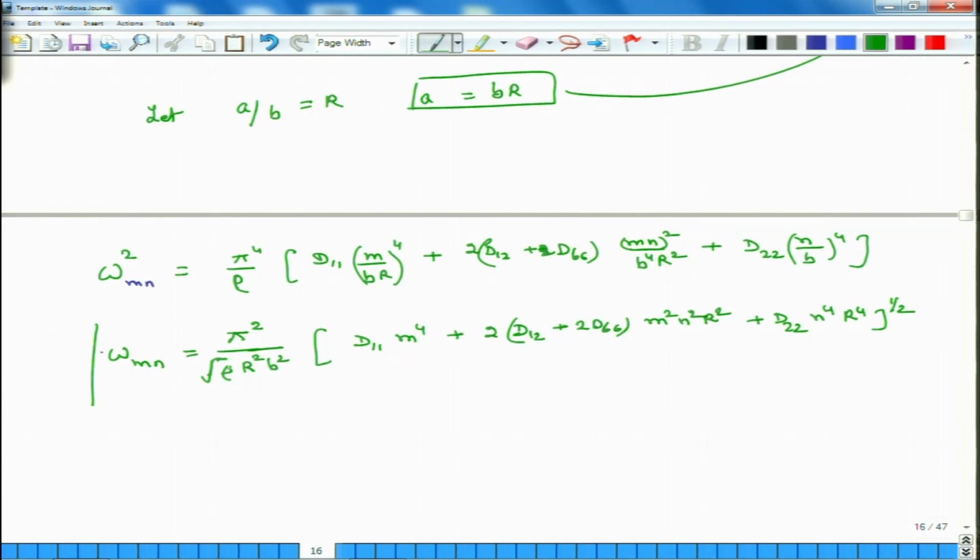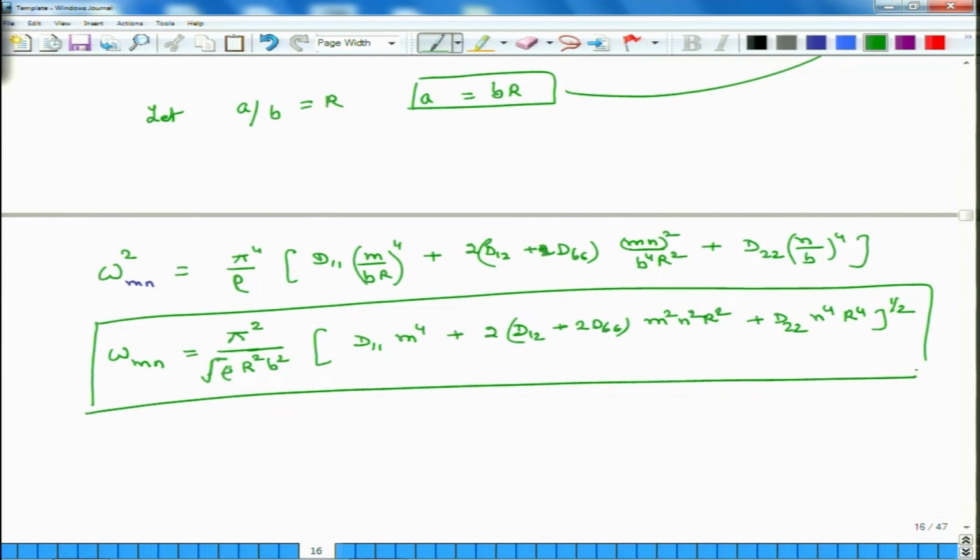So, this is my natural frequency of the system, the mnth angular frequency.